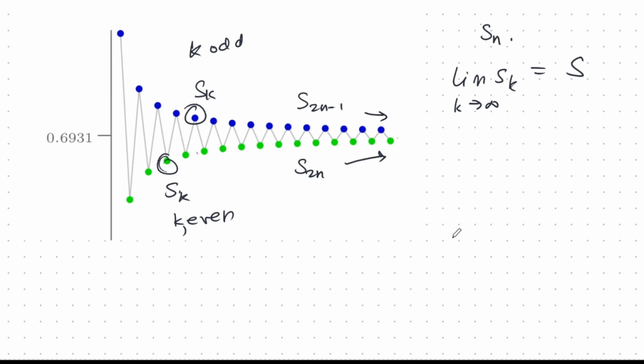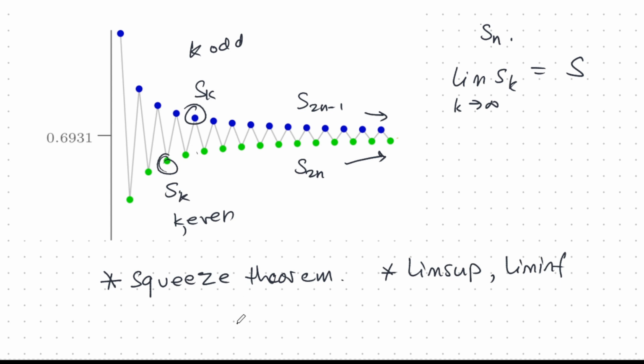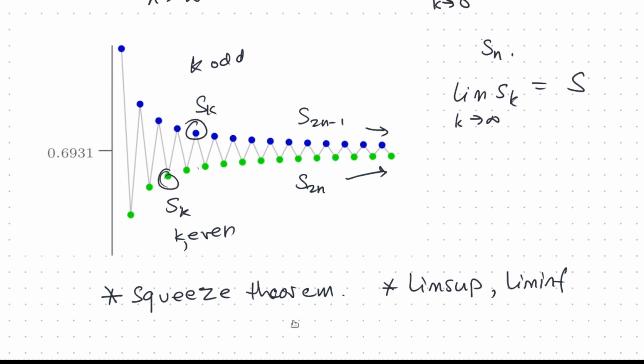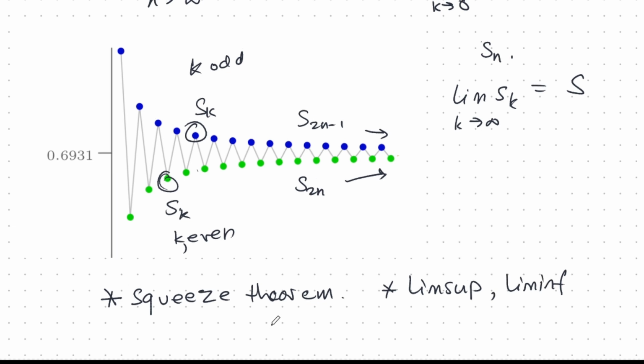It's convincing, but if you want something more formal, I can suggest a few things. You can try to formulate this argument using the squeeze theorem in analysis. It amounts to the same thing, but it looks better. Or you can use lim sup and lim inf. This also amounts to the same thing, but it's a more rigorous way of describing what's going on.